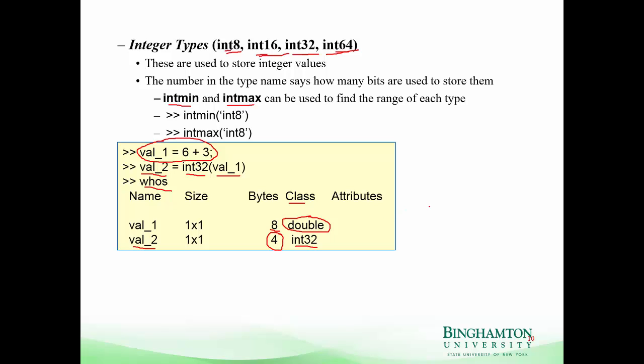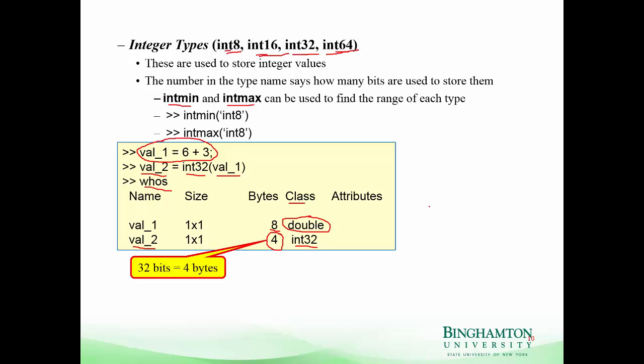Remember that each byte is 8 bits, so 4 bytes will give you 32 bits. If I had done int8, it would come up as 1 byte. You'd obviously need to make sure that 9 is in the range of 8-bit integers, and in fact it is.